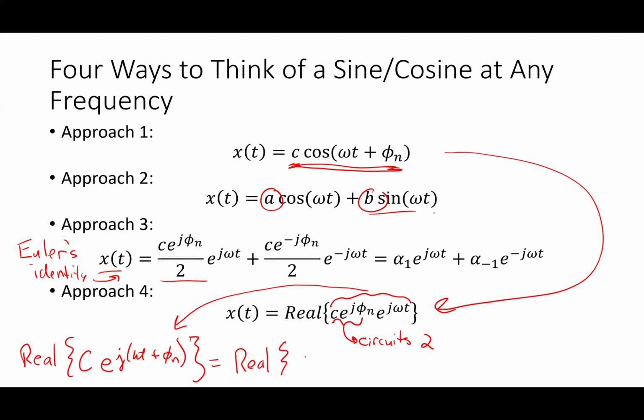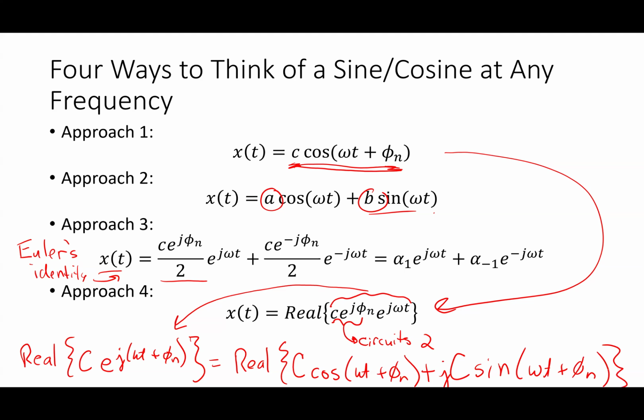Expand that using Euler's identity for me. C times what? C cosine omega t plus phi n. That's one part of it. Plus j times the amplitude sine omega t plus phi n.